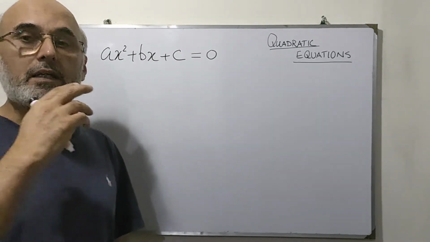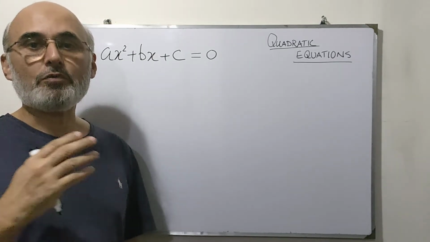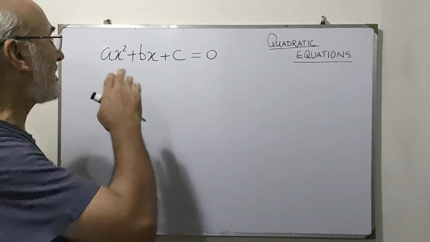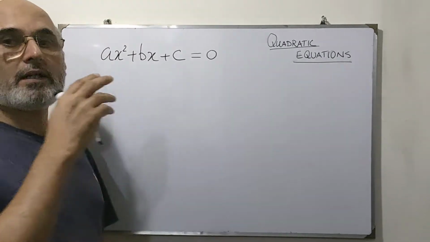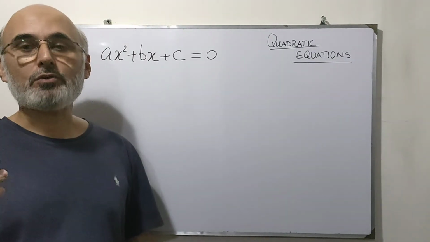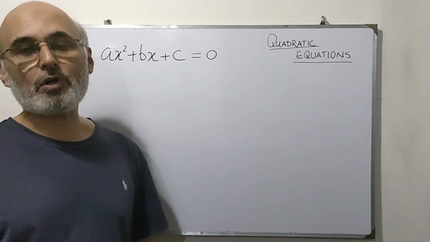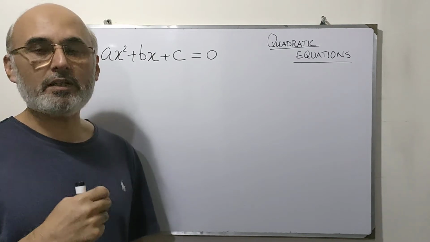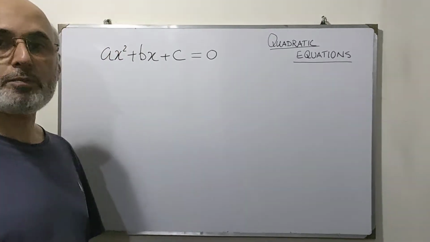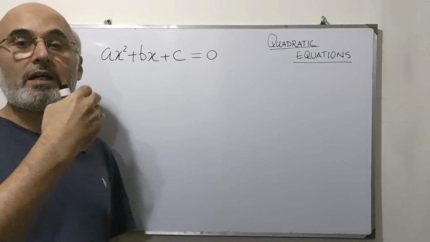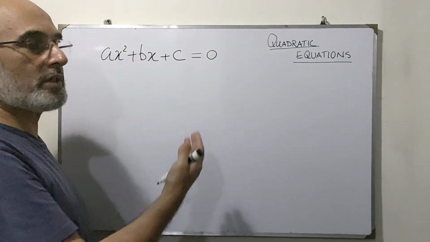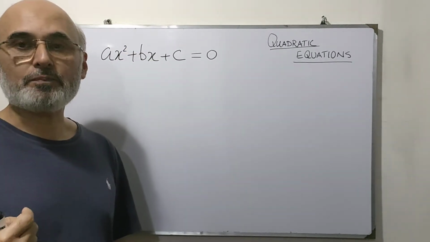Now, in factorization, since it's a quadratic equation, it's an equation of degree 2, so when we were factorizing it, we always used to get 2 factors, right? Because of this 2 power. Now, it's a quadratic equation, so what are we going to get?